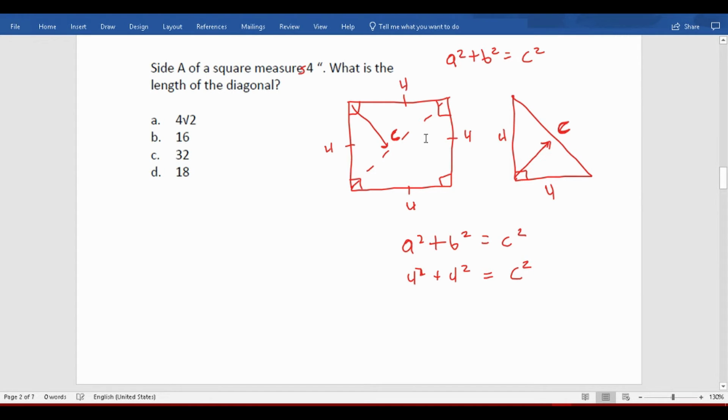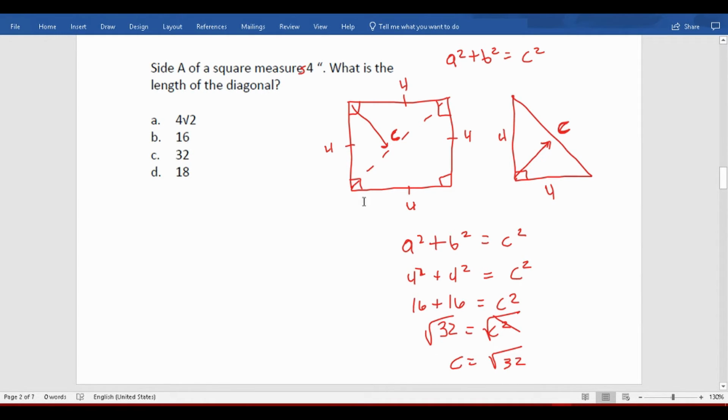Again, we're trying to solve for the distance of the diagonal, which is c. 4 squared is 16. 4 squared is 16. 16 plus 16 is 32, equals c squared. To get rid of this squared, we're going to take the square root of both sides. This crosses out, so we're left with c equals the square root of 32.